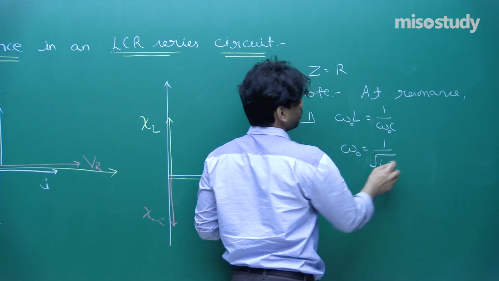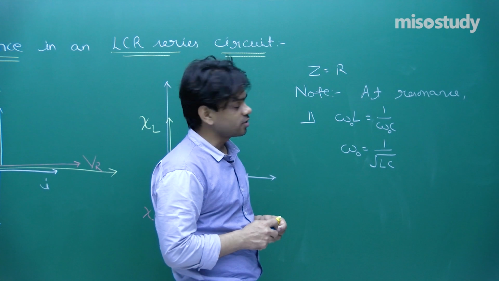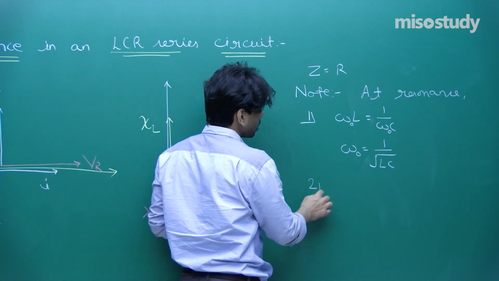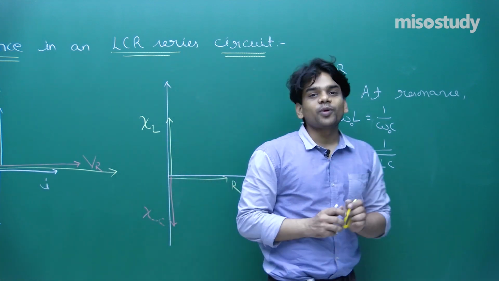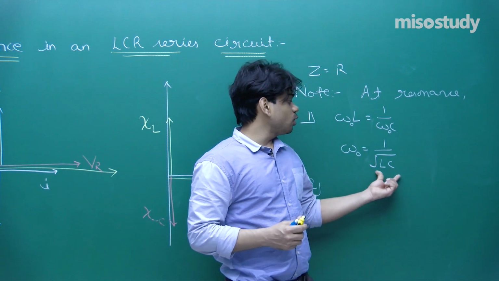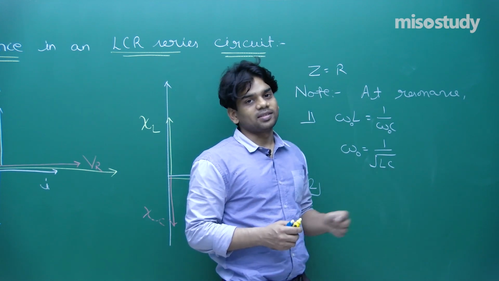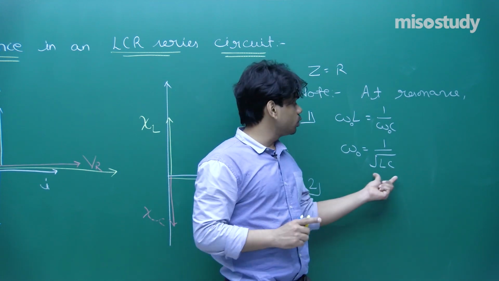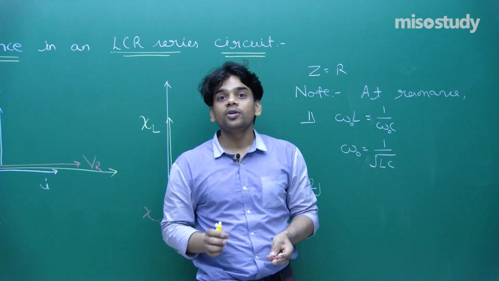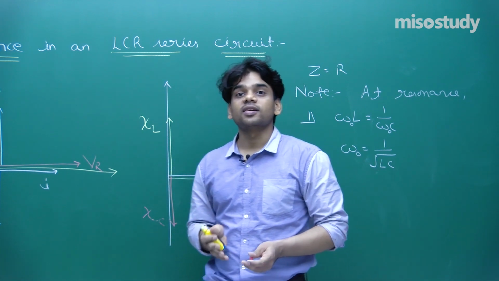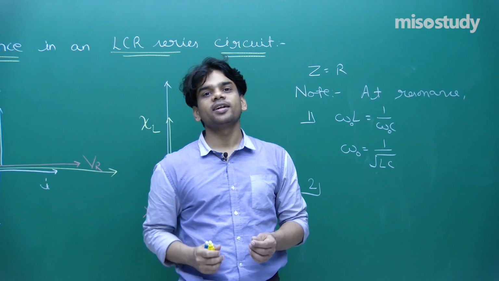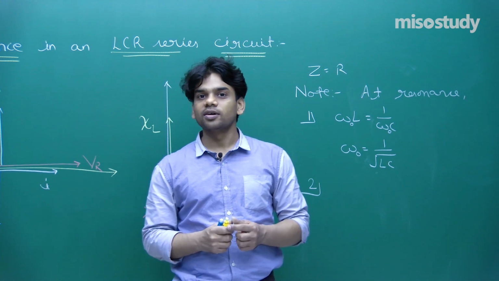This is what we are going to obtain, the angular frequency for the resonance. Next thing you see, the applied frequency should depend upon the value of inductance and capacitance. And if its value is equal to this 1 upon root LC, we are going to say that it's a case of resonance, it's a case of maximum current flowing through the circuit.